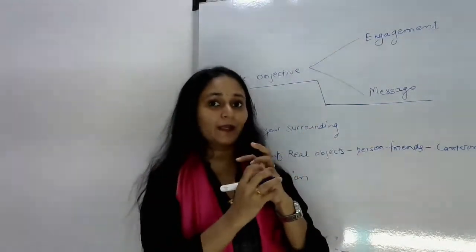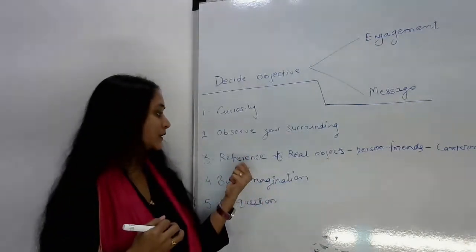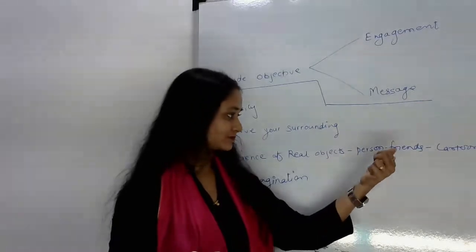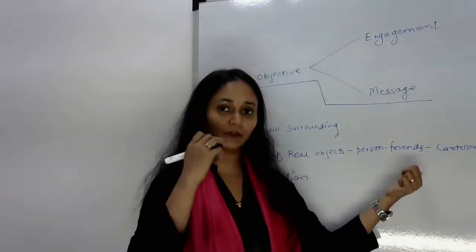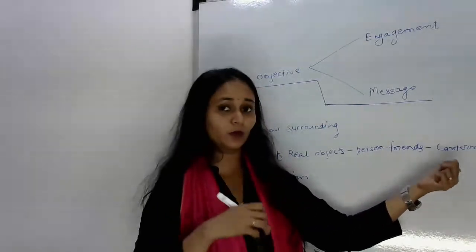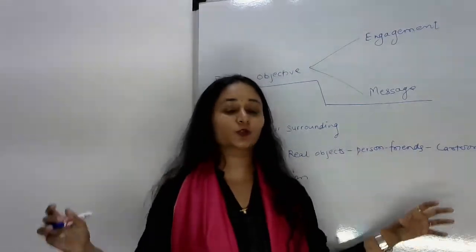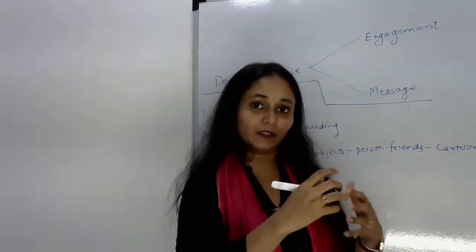So observe your surroundings, take reference of a real object, person, friend or cartoon. You have to engage their senses, and for that, observe your surroundings and pick up one object. Then when you build your story, you can involve their friends, use the names of their friends or their favorite cartoon, or anything which is actually live and in connection with them.